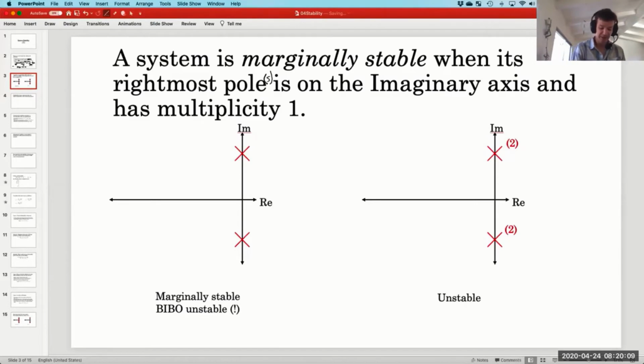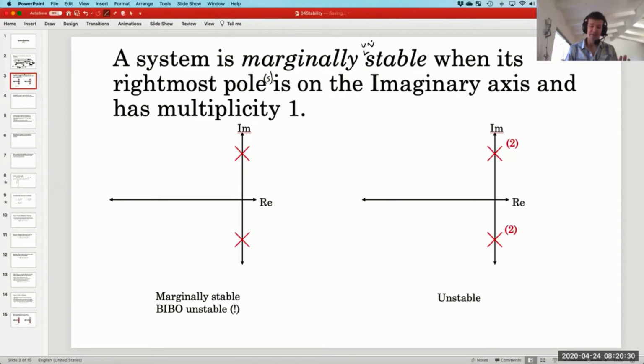So this left-hand system, we call it marginally stable. And I think this is a misleading term. I would rather, no one asked me, but I would say marginally unstable, just to stress that this is usually not a good condition for a system to be in.